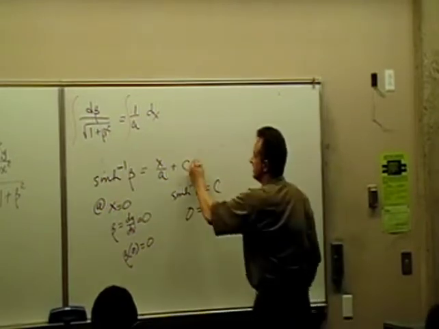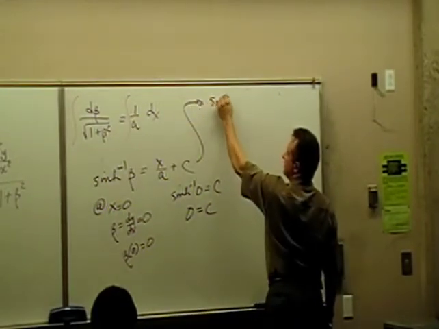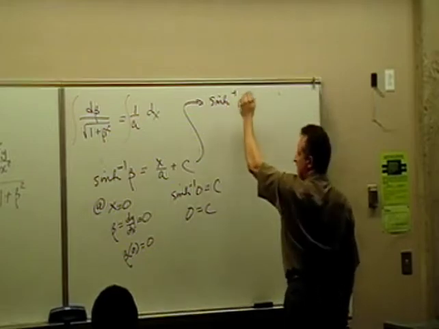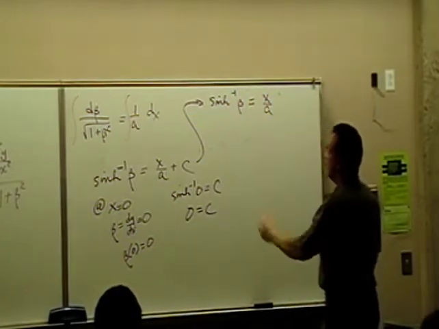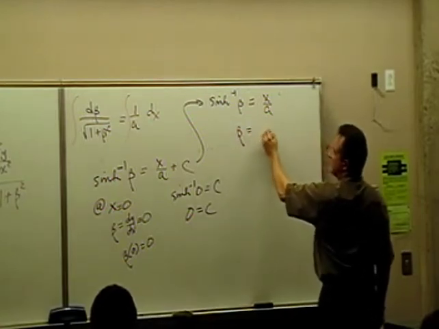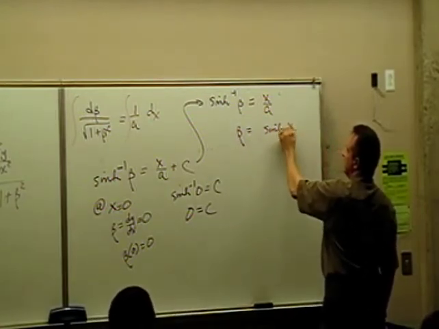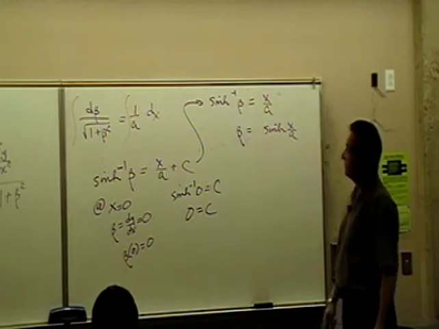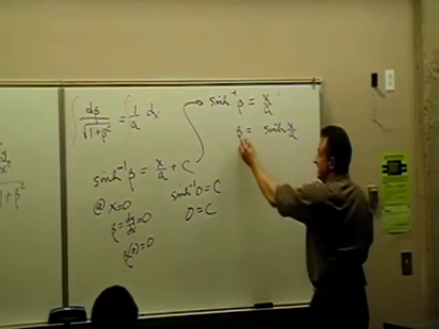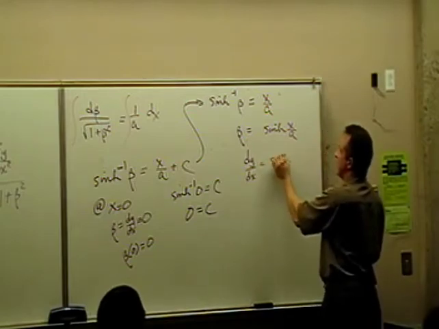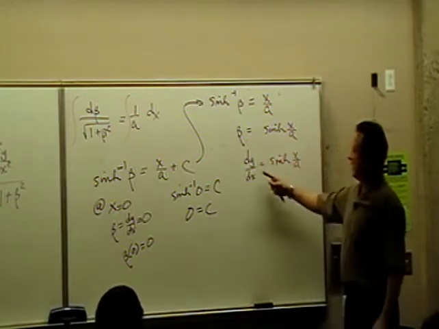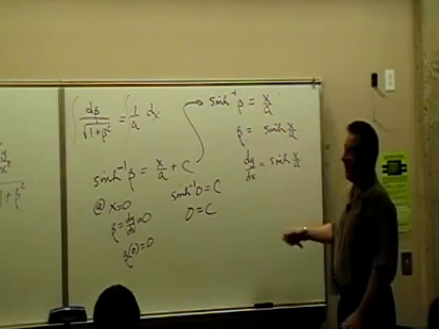So therefore, this now becomes the inverse hyperbolic sine of beta equaling x over a. Or beta equals the hyperbolic sine of x over a, getting rid of the inverse. And beta is equal to the derivative of y with respect to x. That's equal to the hyperbolic sine of x over a. How do I solve for y?